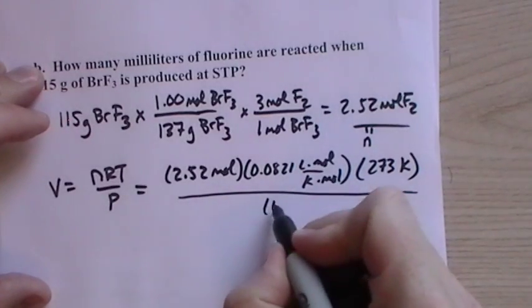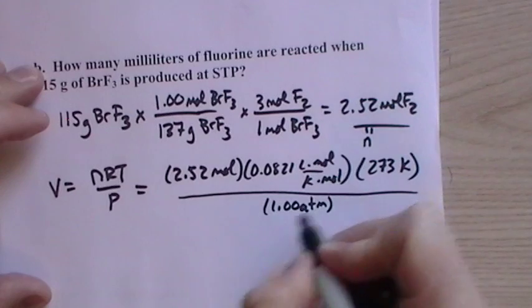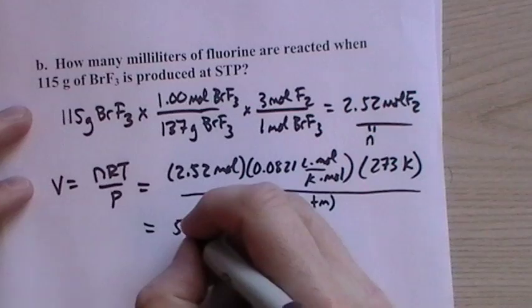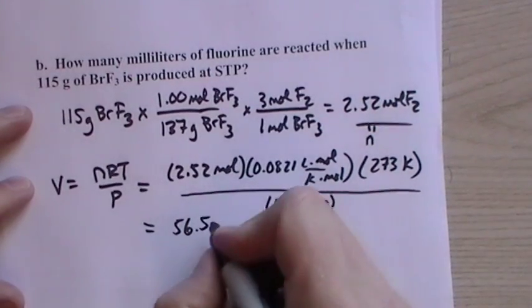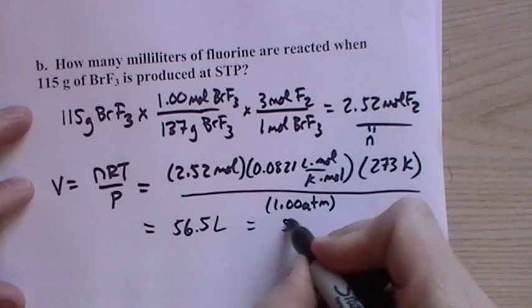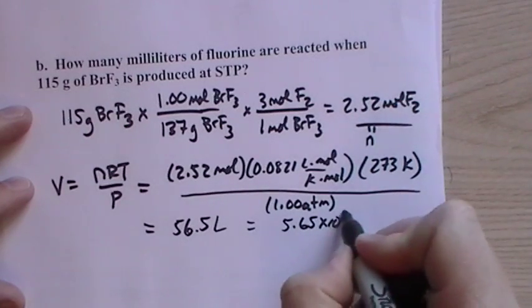Our pressure is 1 atmosphere. So the STP makes our life a lot easier. We have 2.52 times 0.0821 times 273 divided by 1, so this is 56.5 liters, and that would be 5.65 times 10 to the 4th mils.